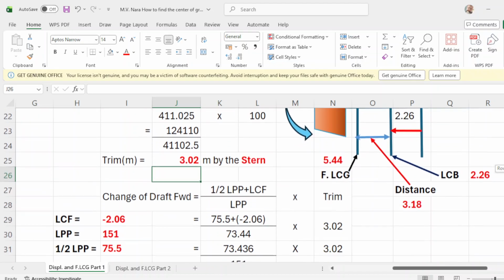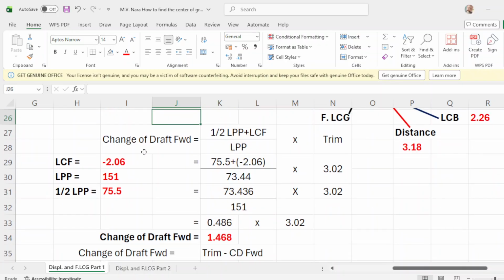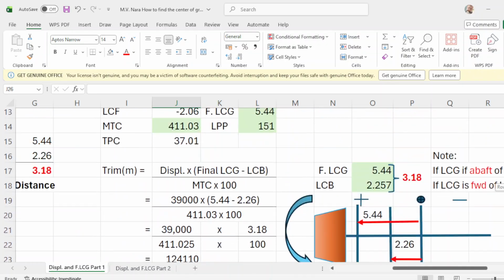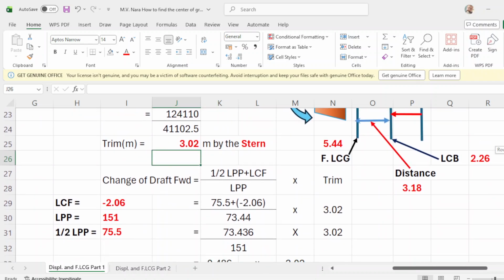The next would be how to get the change of drop forward. So the formula is 1/2 LPP plus LCF over LPP times trim. Your LCF is negative 2.06. Okay, confirm. And your LPP is 151.